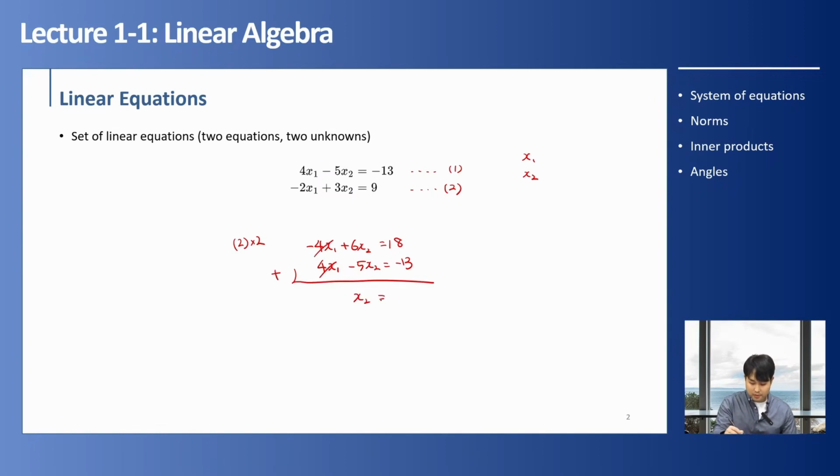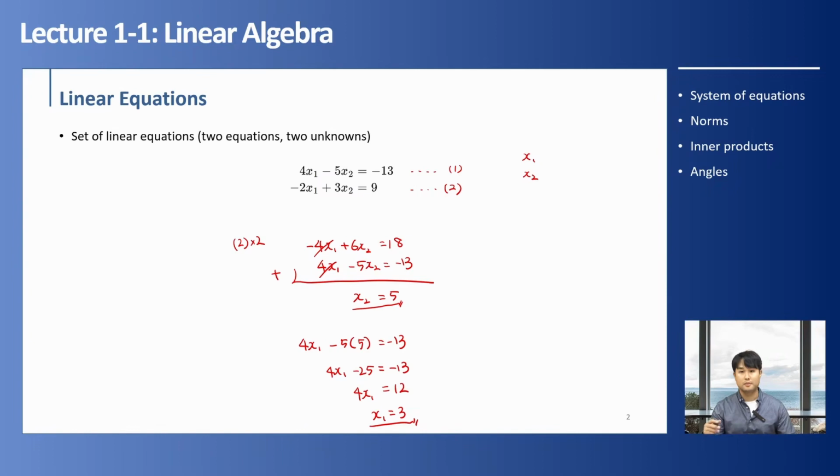And we end up with x2 equal to 5. Now we substitute this in either equation, and we've essentially solved for both unknowns.